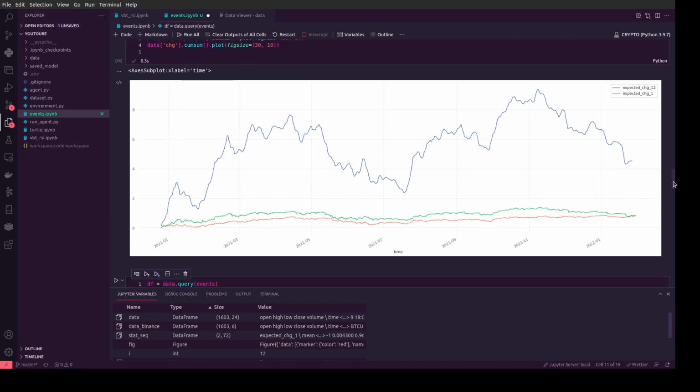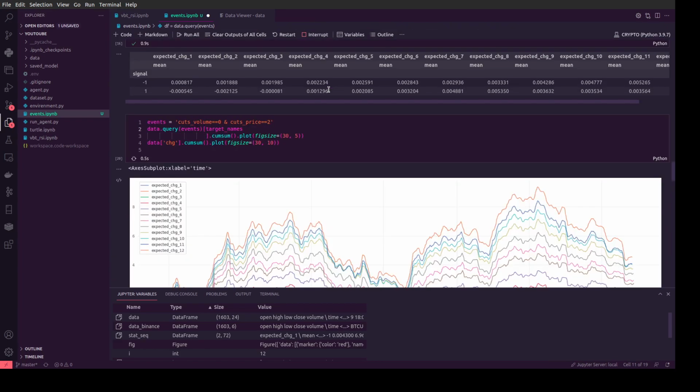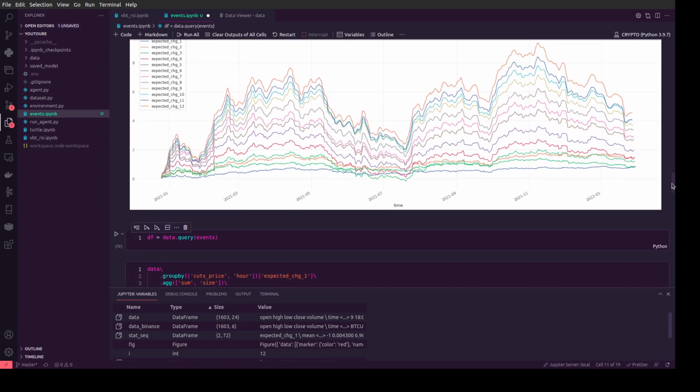And you could change these parameters to find what happens with our strategy. Let's, for example, delete this and indicate all target names, and you find this situation: sometimes we have a very big drawdown from the green line.